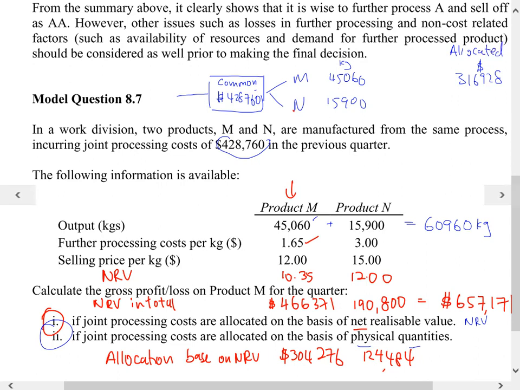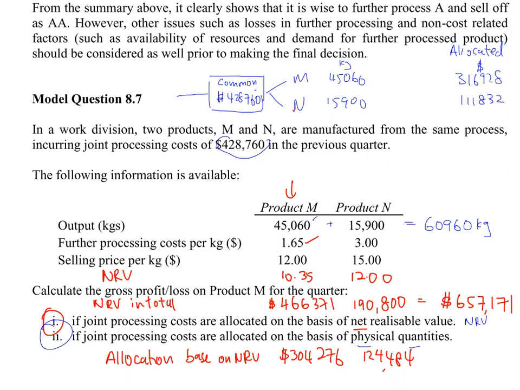The difference, done. So 316 and also 111. 316,111.